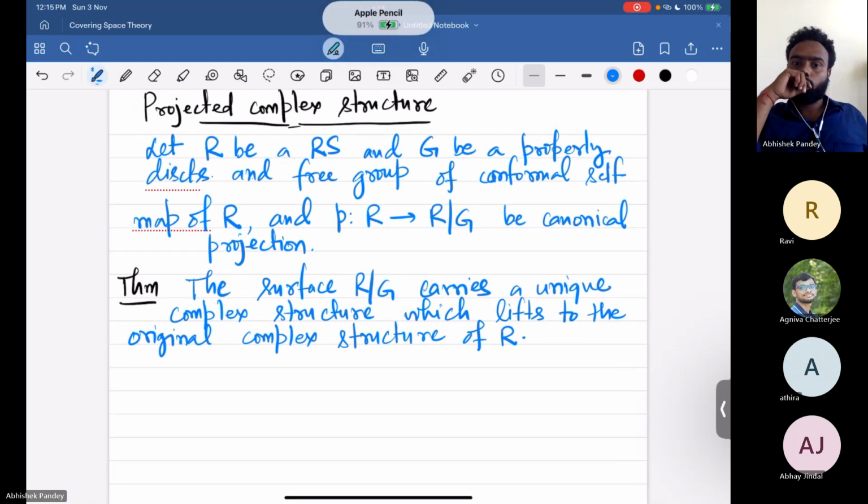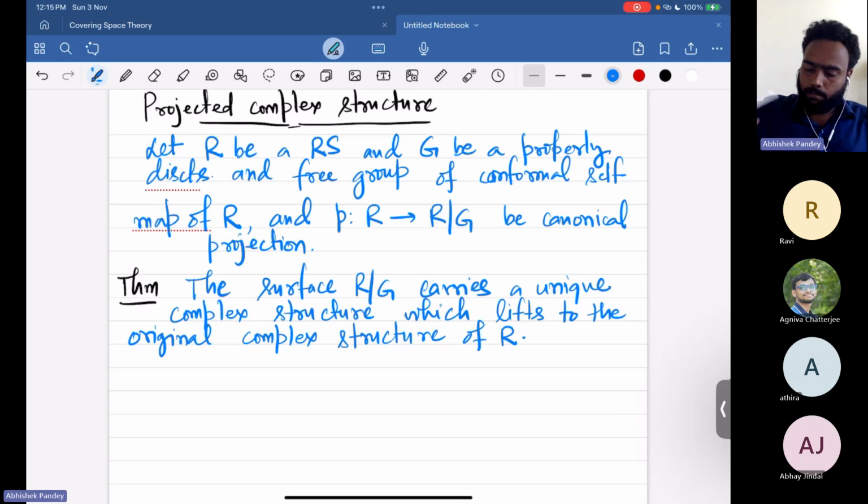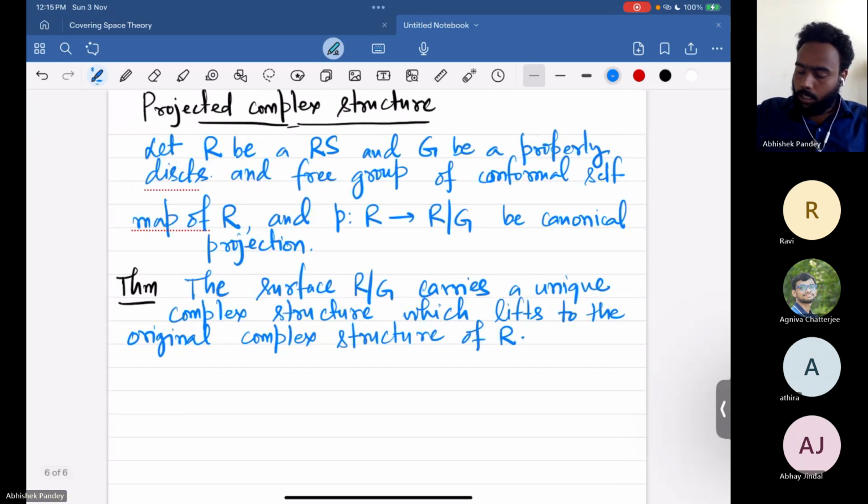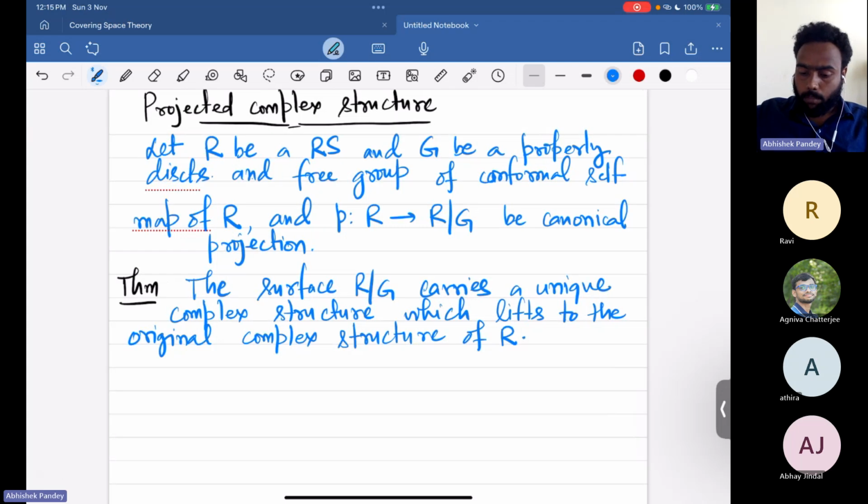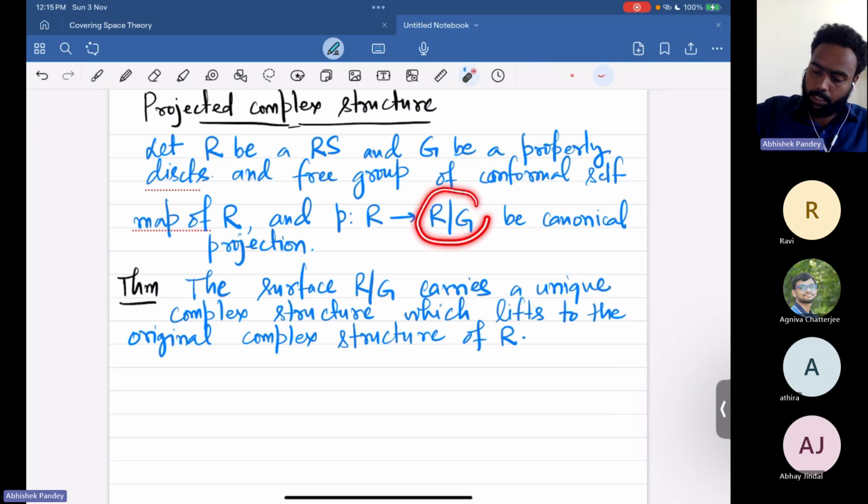Yep. So again, if one wants to check this, one can. One has to be careful in defining the coordinates on this surface. But once it is done, it will be in a similar way to the lifted complex structure.